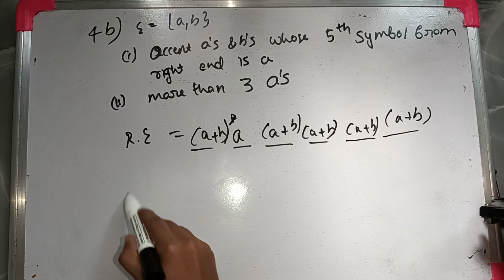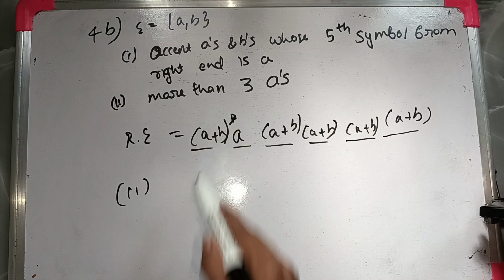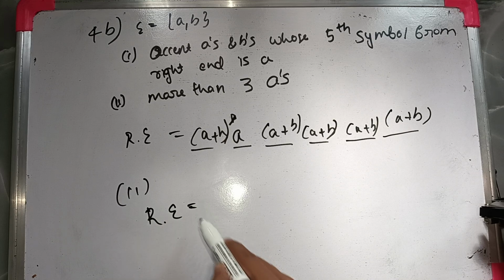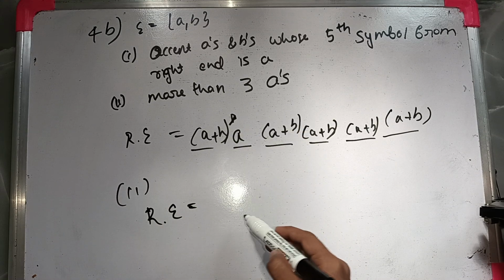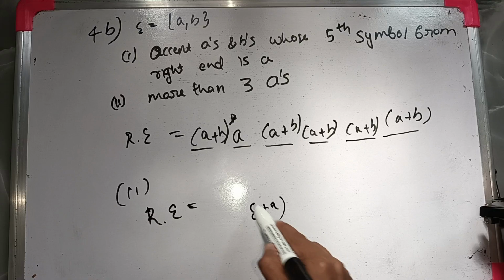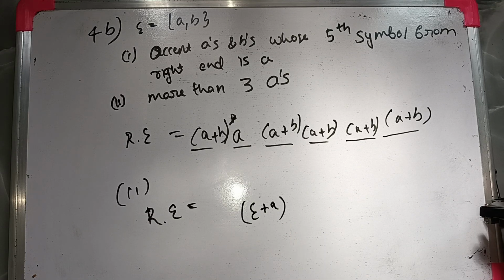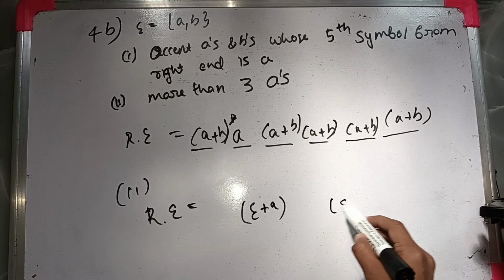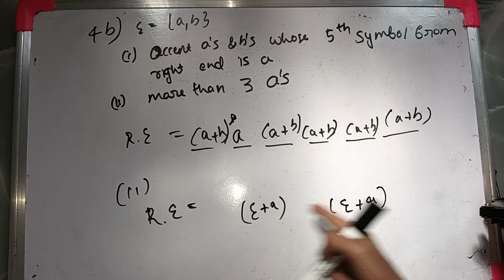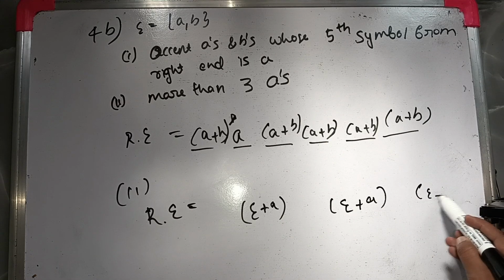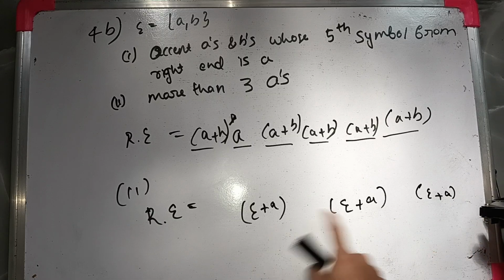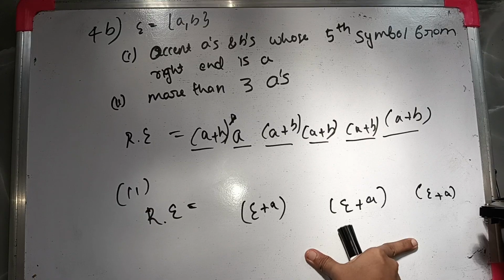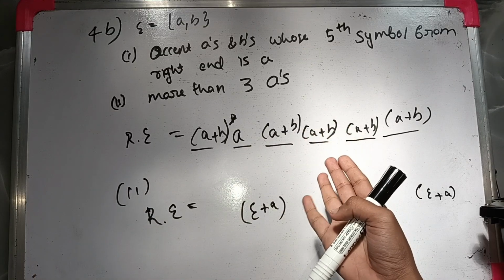Next, no more than 3 A's. The regular expression for that: no more than 3 A's means there may exist an epsilon, 0 A's is also allowed, or else A, or A into A, 2 A's. Next, multiplying this becomes 3 A's, correct? 3 A's is the maximum, no more than 3 A's.